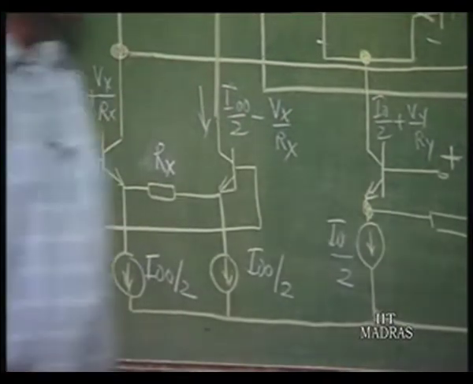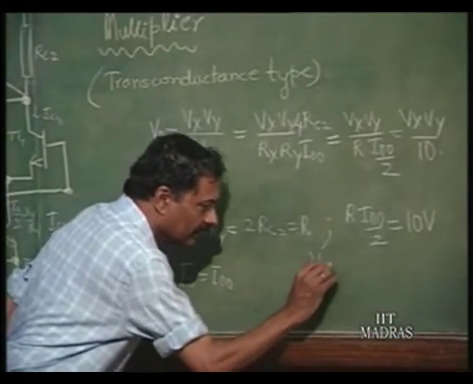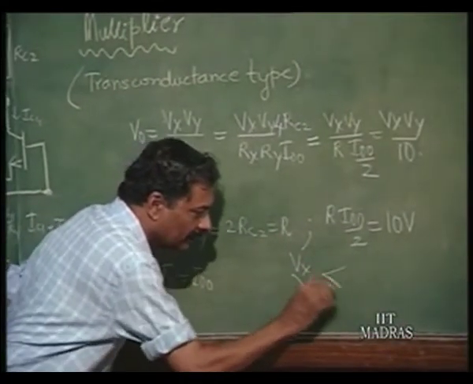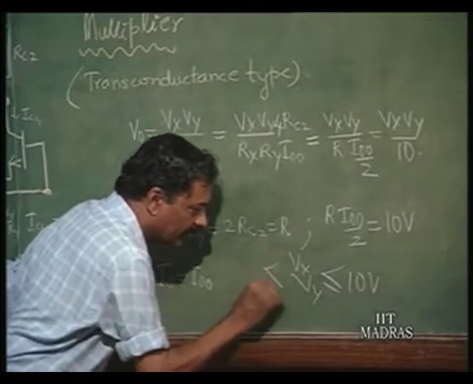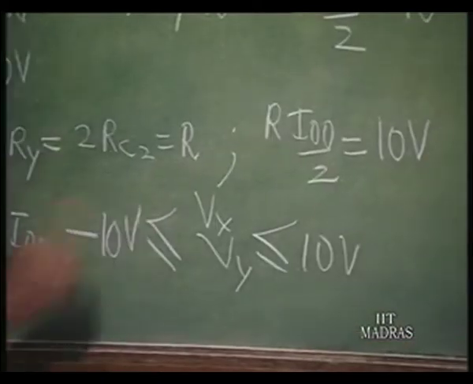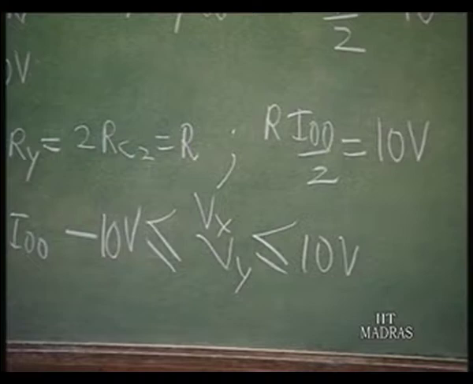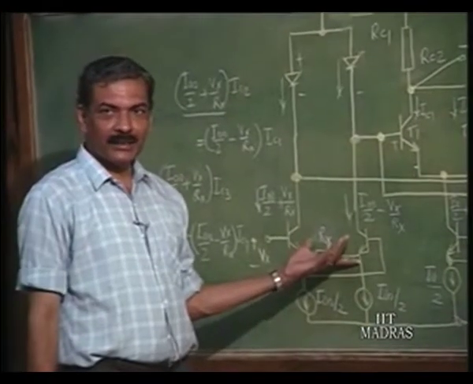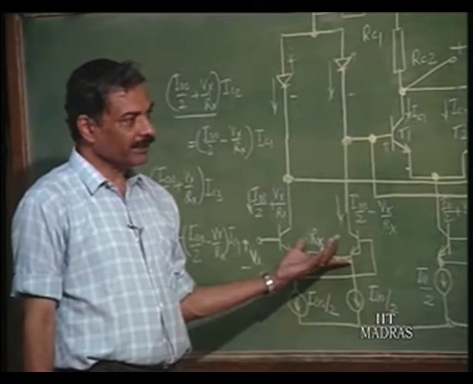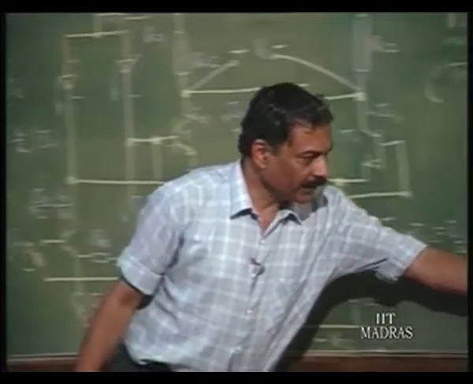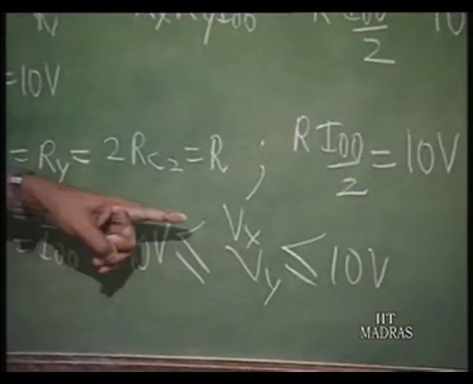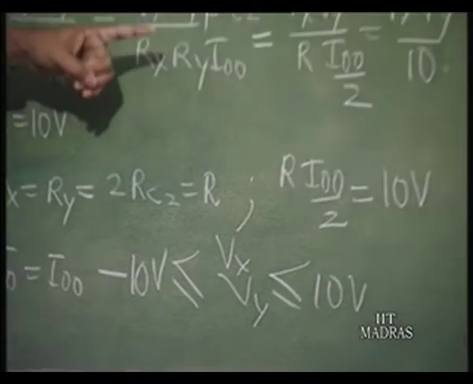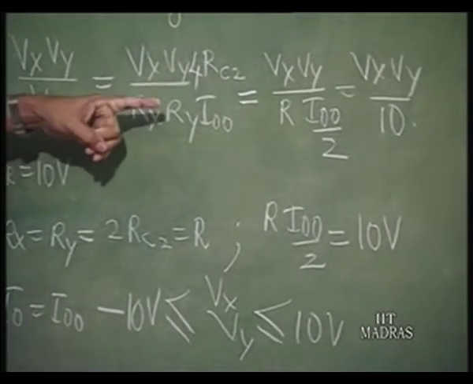So, this can now take care of Vx and Vy less than or equal to 10 volts, as the dynamic range greater than or equal to minus 10 volts automatically. This design will see to it that this multiplier will function linearly in the range minus 10 volts to plus 10 volts automatically the moment we select the components in the above manner.